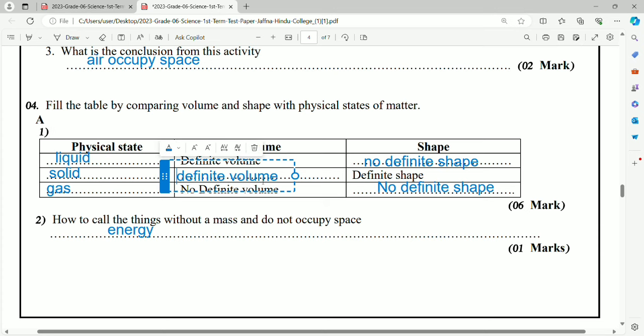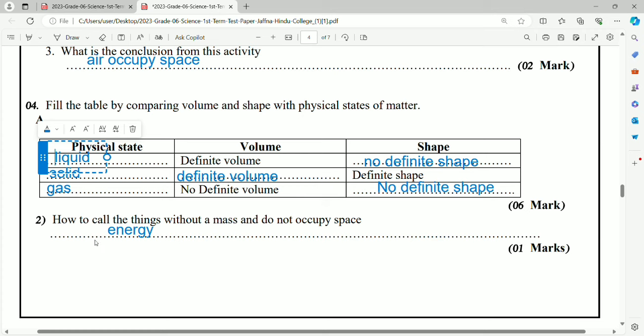Gas has no definite volume as well as no definite shape. So what is the remaining one? Liquid. Liquid has definite volume but no definite shape.